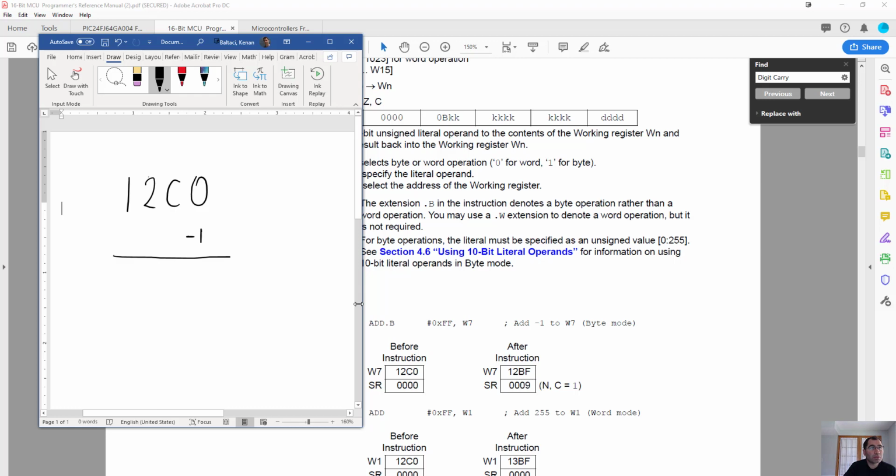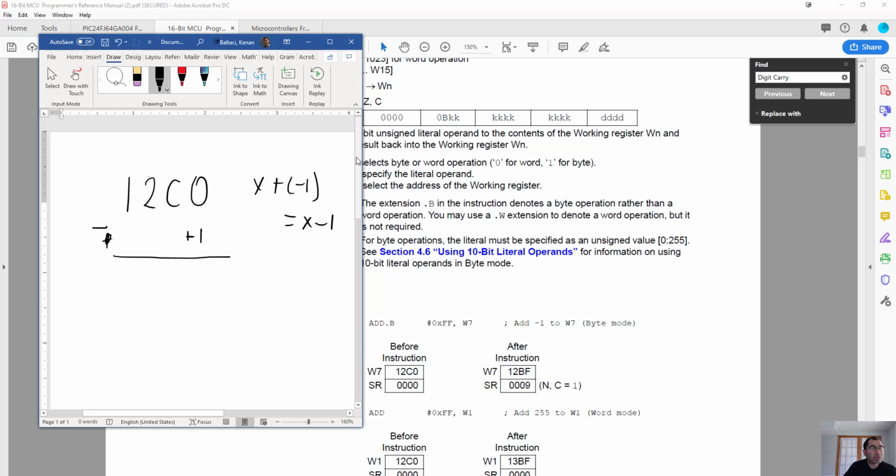Adding -1 means subtracting 1 from this value. So x plus -1 is equal to x minus 1, right? Same thing. That's what I'm doing here.